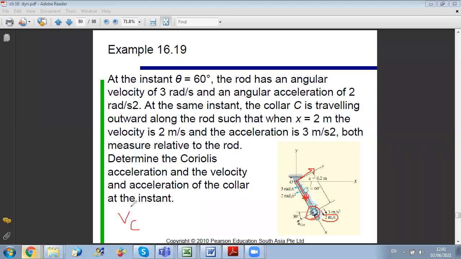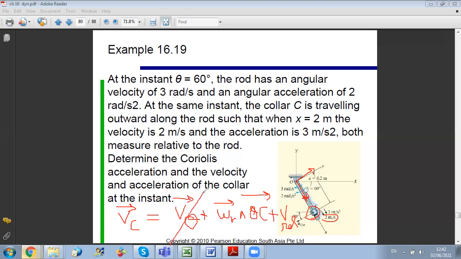VC is equal to the velocity of O plus omega of the rod vectorial OC, and I should also add V relative. So this is the expression that will give me the velocity of the collar VC. Now I will start to replace my terms. O is fixed, so VO is 0.